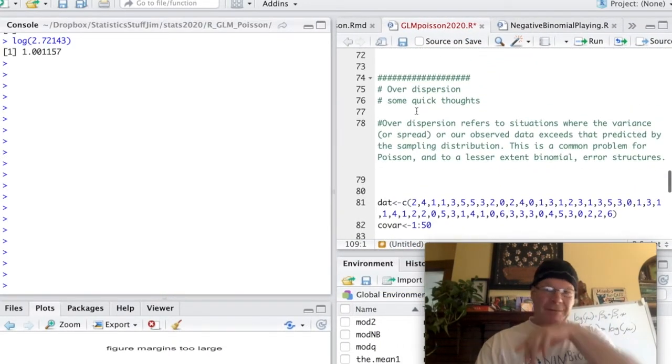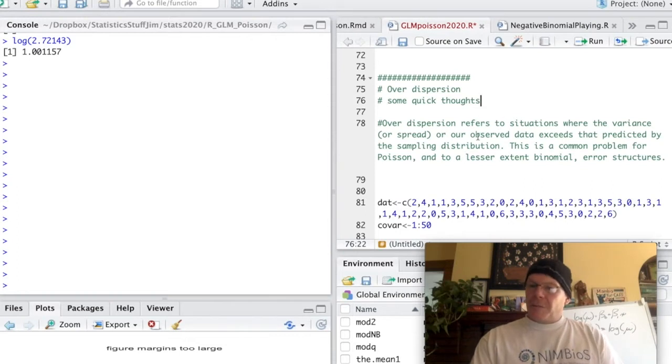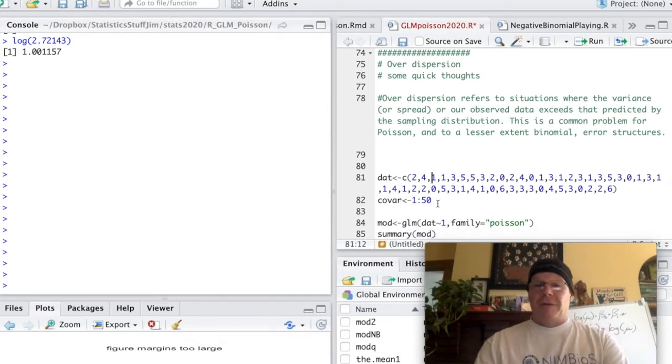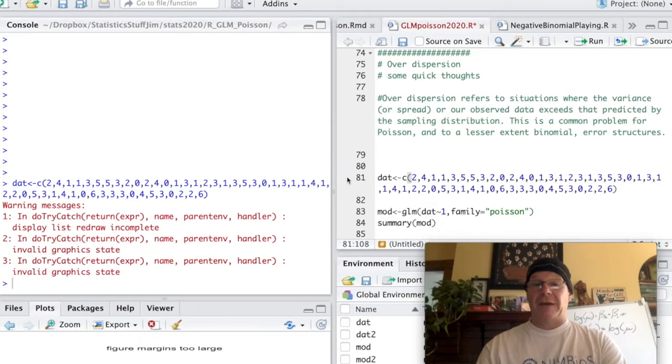And here you can see I cleverly titled it some quick thoughts on overdispersion. So we know what overdispersion is, what the problem might look like, and how to diagnose the problem. Here I'll just read in some data, which I'm going to decide to model as a Poisson.